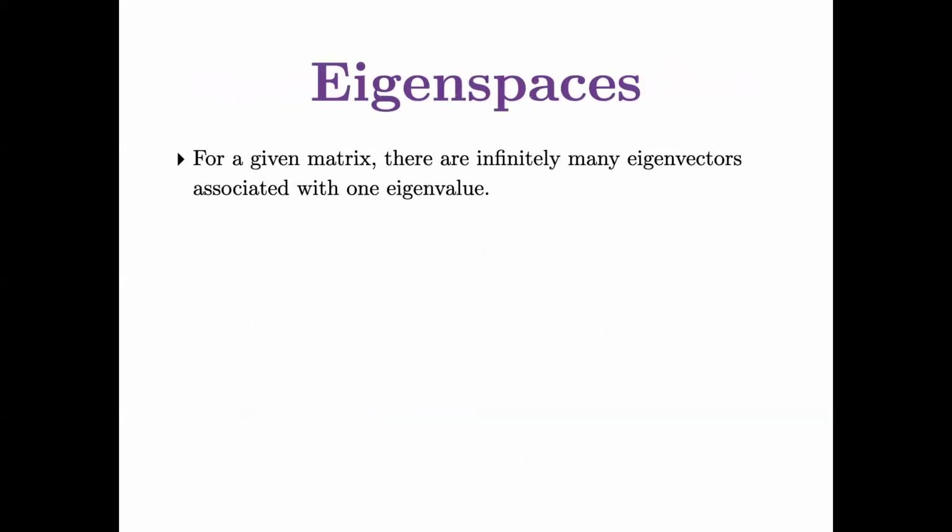So this brings us to the idea of an eigenspace. For a given matrix, there are infinitely many eigenvectors associated with one eigenvalue, because any scalar multiple, positive or negative, can be used.